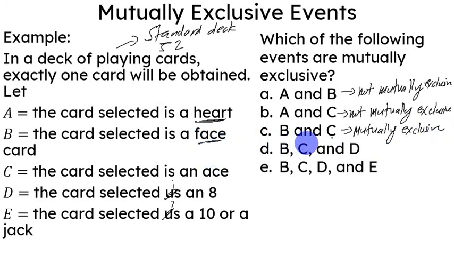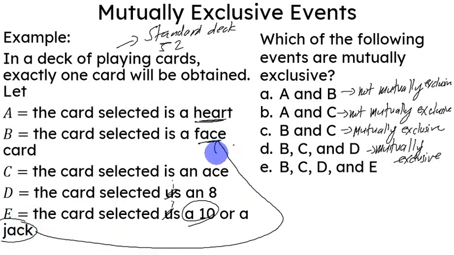How about B, C, and D? Do we have a face card that is an ace and is also an 8? It is impossible to get a face card which is an ace and also an 8. So B, C, and D are also mutually exclusive events. How about B, C, D, and E? We already know B, C, and D are mutually exclusive. However, E, the card selected is a 10 or a jack, but a jack is a face card.